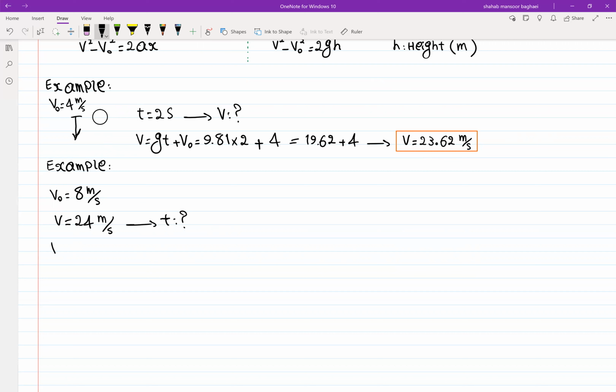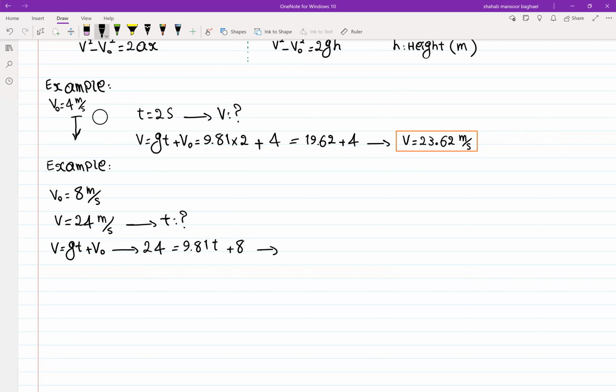So let's apply it. v equals gt plus v0. Therefore, v final velocity is 24. Plug in g, it is always 9.81. You should memorize it. t is unknown, plus 8.